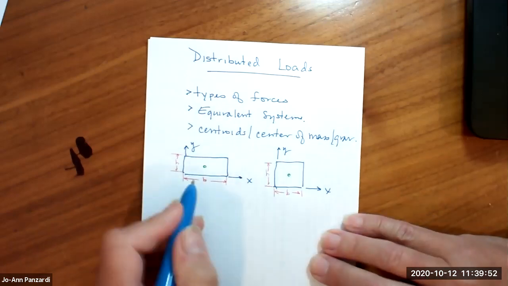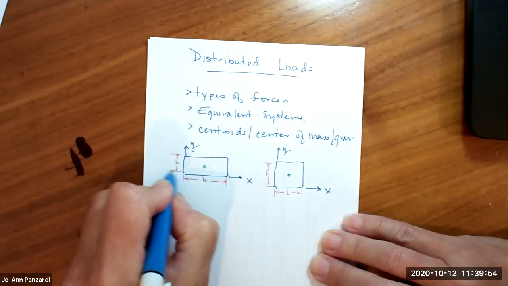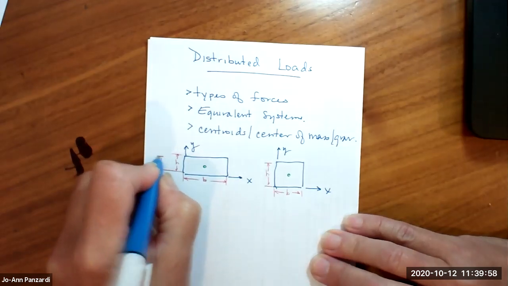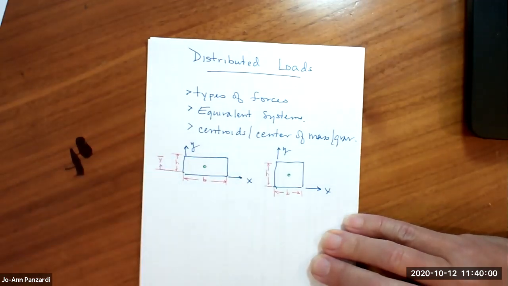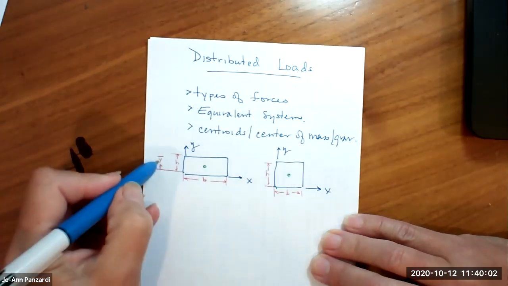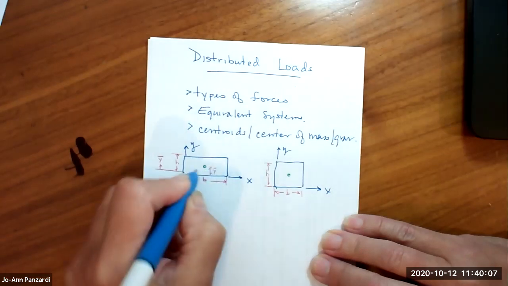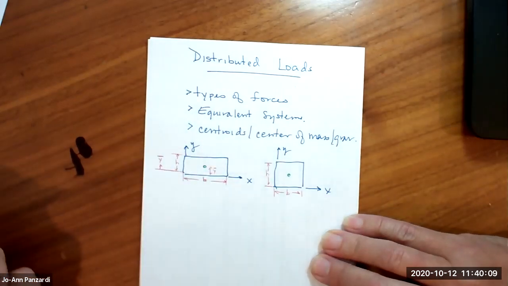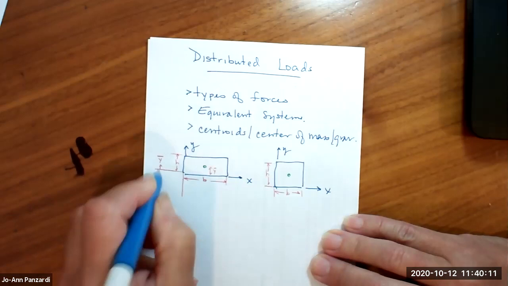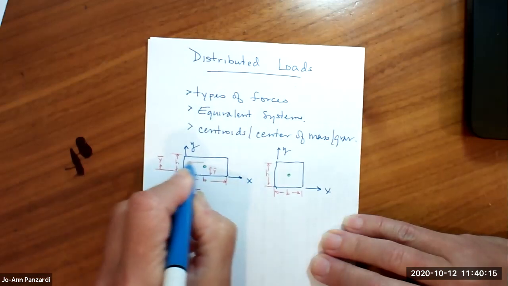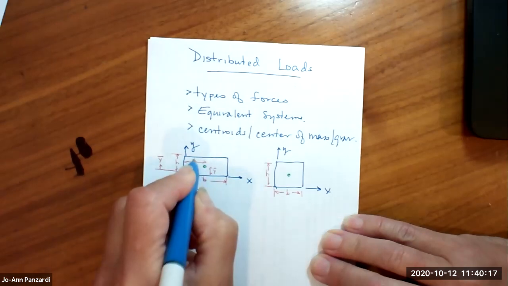You may have seen this before, y bar might be the notation that's used in math. Y bar represents this distance right here, the y dimension to the centroid. And just as we used y bar here, we're using x bar. So x bar represents this dimension.